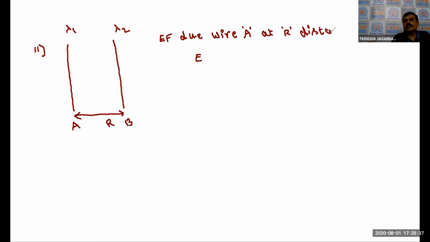What is the formula of the electric field due to an infinitely long charged wire? I am writing E A equal to lambda 1 by 2 pi epsilon naught into capital R.